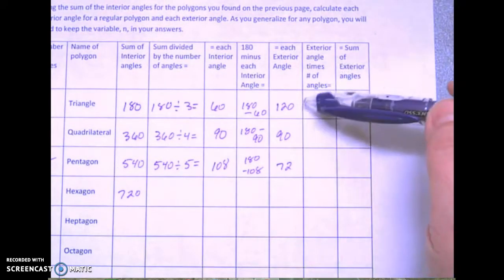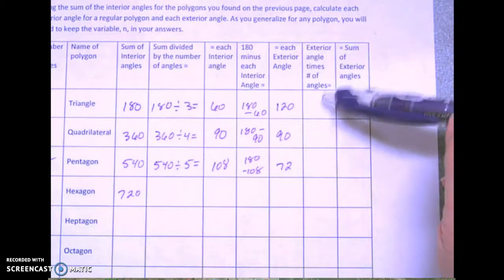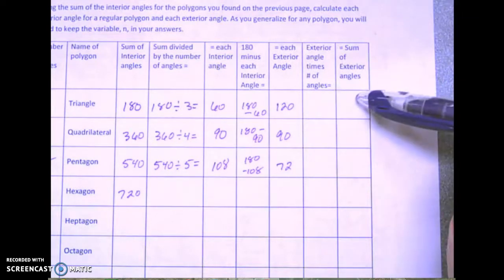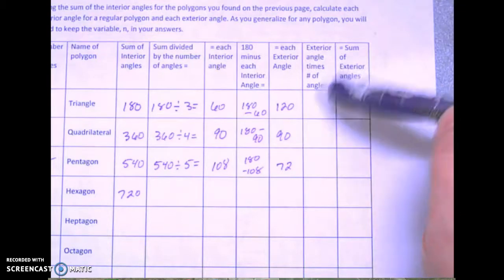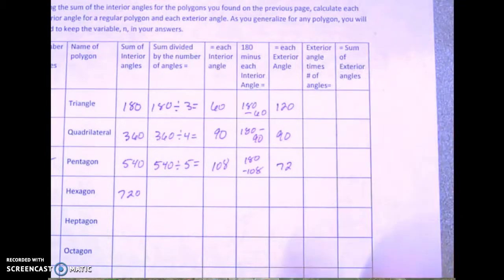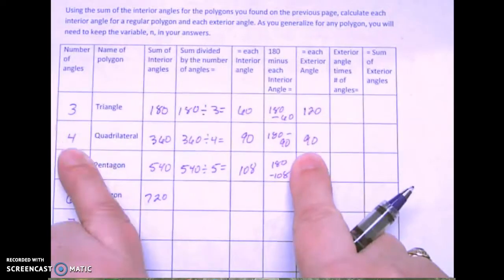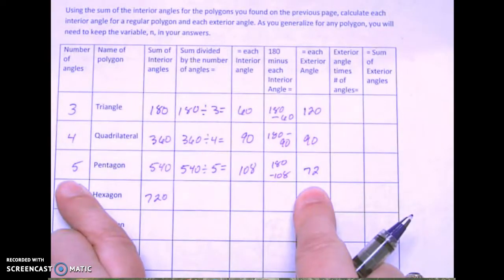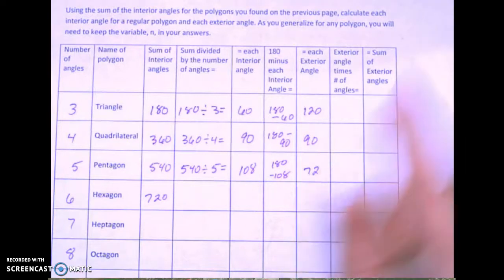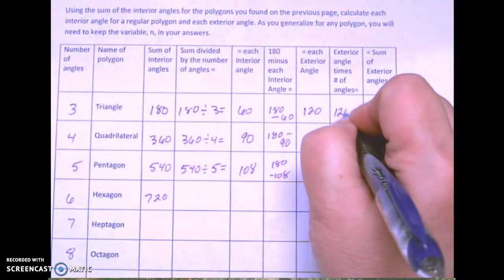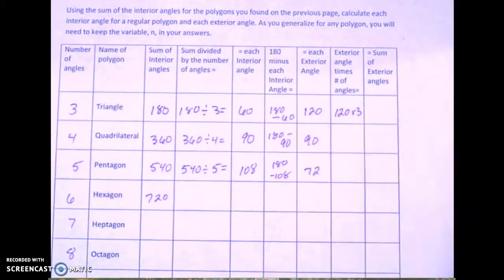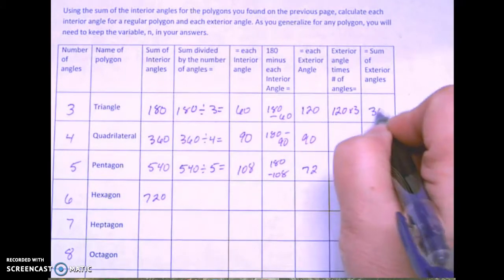Once you've found each exterior angle, we want to find the sum of the exterior angles. So I'm going to take that exterior angle times the number of angles. So I'm going to take my 120 times my 3, my 90 times my 4, my 72 times my 5. And 120 times 3 gives me 360.